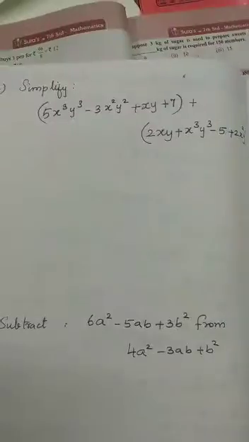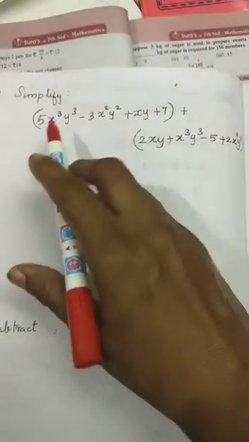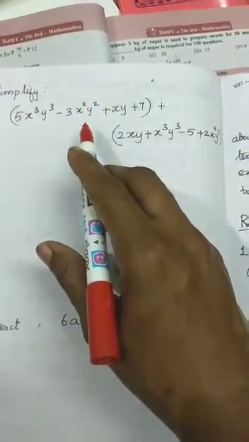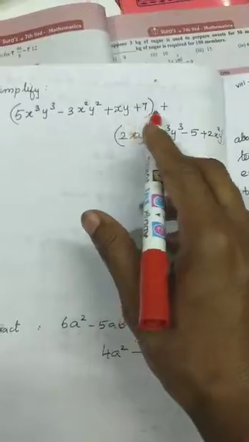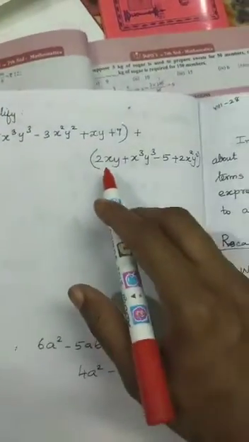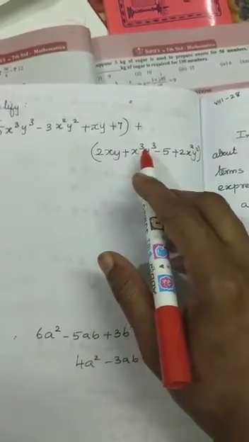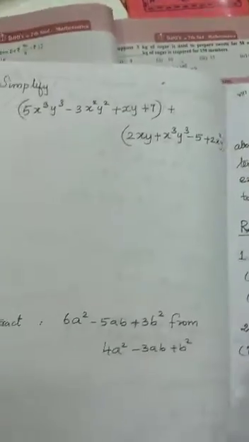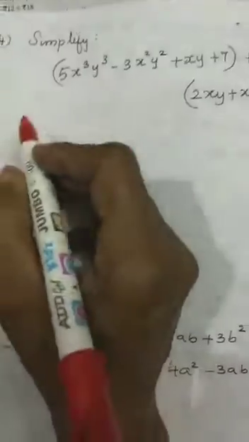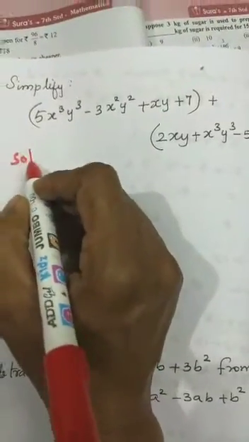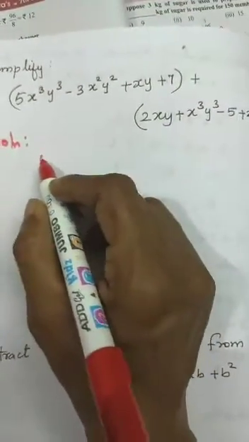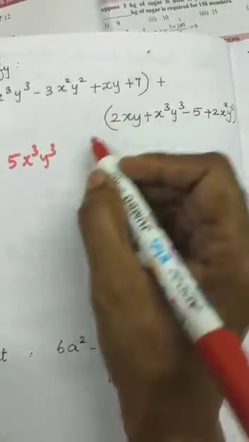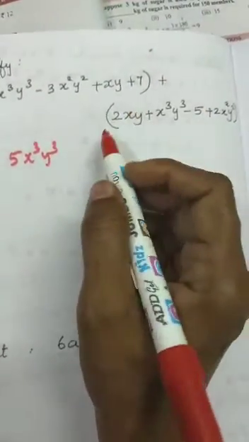Then simplify: 5x cube y cube minus 3x square y square plus xy plus 7, plus 2xy plus x cube y cube minus 5 plus 2x square y square. Now we shall add this. That is a simplification. 5x cube y cube, here plus, so no need to multiply anything here.